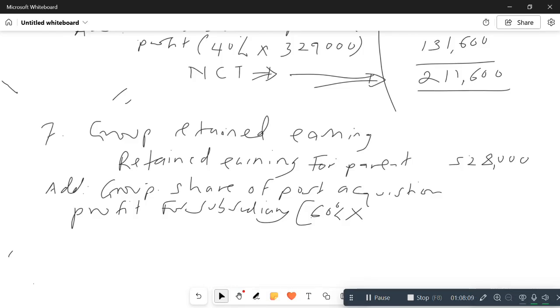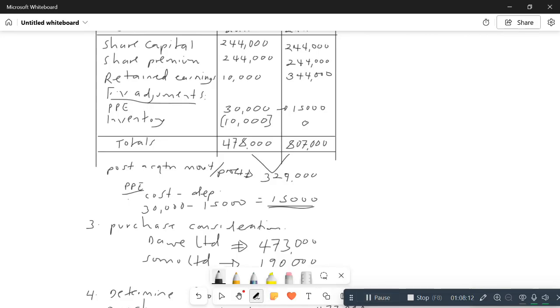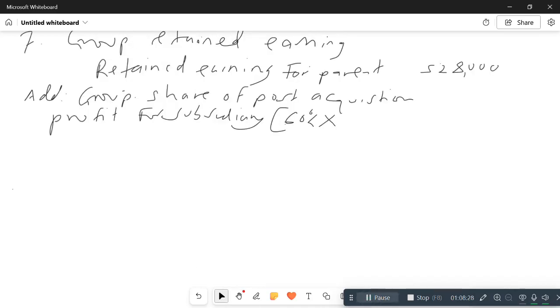Let's check. The post-acquisition profit is here. From our working 2, that was 807 minus 478, and we come up with this post-acquisition profit. You pick that, it is 329, and you put it down. When you get your calculator and put that in, it gives you 197,400.